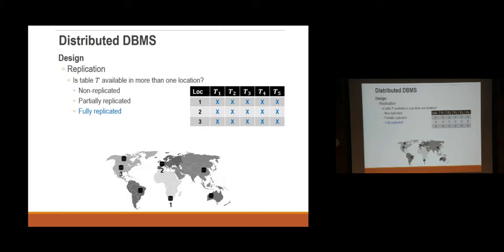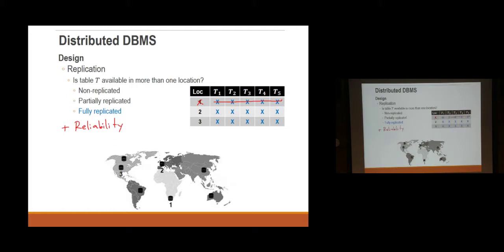Okay, so we have a few things that we can analyze here. One is, what is the advantage of doing this replication? Like I said before, the advantage is that replication can give us reliability. In the case of a fully replicated design, if location 1 breaks down and all the tables are not available, your system can still work.